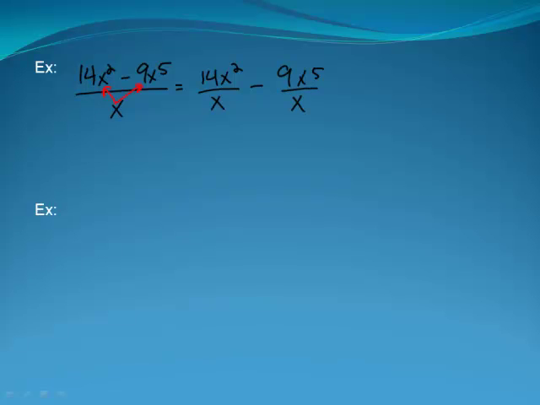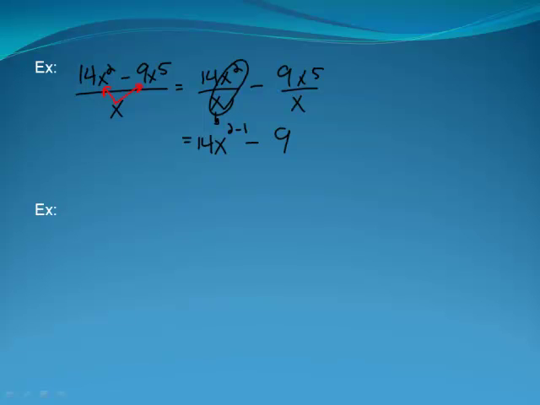The reason that that's an advantage is because now we can simplify each of those individual fractions because we no longer have addition or subtraction in them, so we can just use properties of exponents. Here we've got 14, and then these are like bases, so we can subtract the exponents, 2 minus 1.